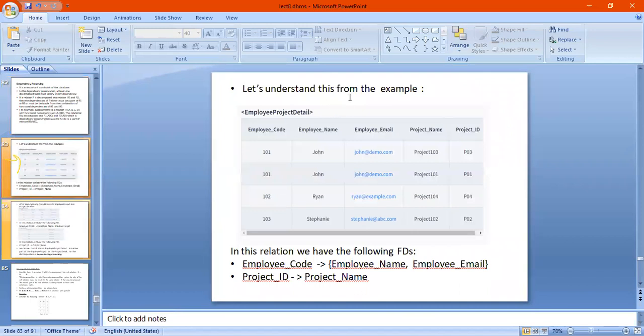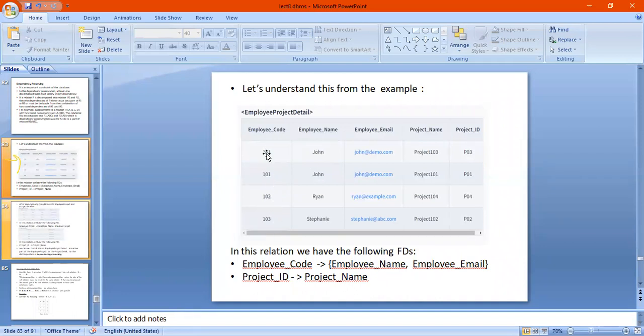Let's understand this with an example. Employee project details is the table name. Employee code, employee name, employee email, project name, and project ID. Employee code is 101, 101, 102, and 103.